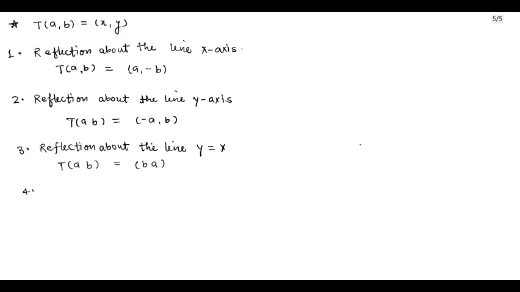Now next, reflection about y is equal to minus x. Reflection about y is equal to minus x. What is the image of (a,b)? (minus b, minus a).